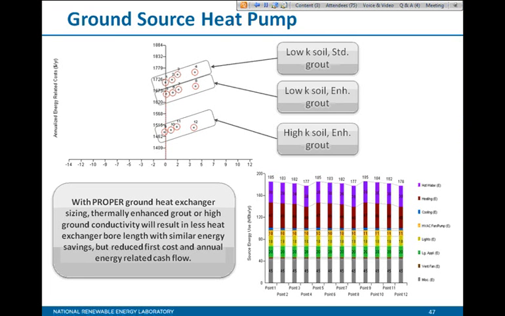Hello? Hi. Yeah, this is Xiaobing Liu. I just have a question regarding auto sizing for the ground heat exchanger part. Do you mean you use some rule of thumb?